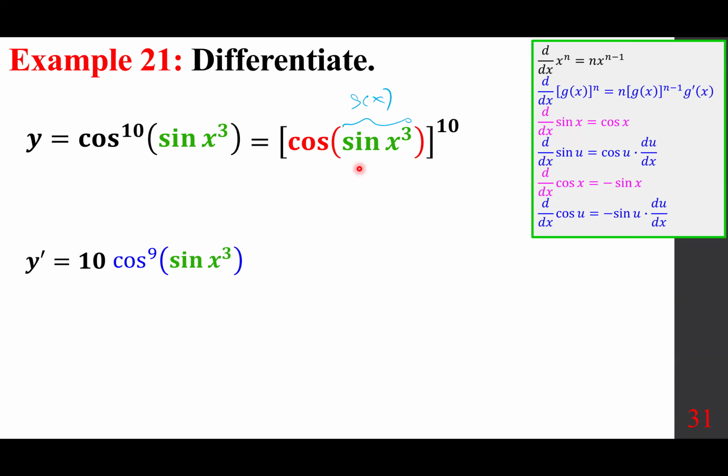You can't write it without its argument. And the way you write this, I want to make sure we understand this is the same as cosine of sine x cubed to the power of 9. That means the same thing, everybody, okay? So if it helps, you can write it in that fashion.